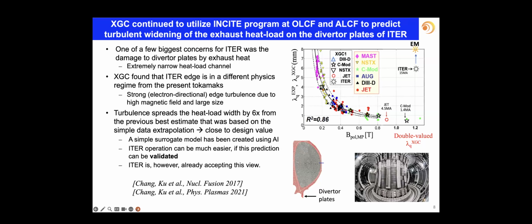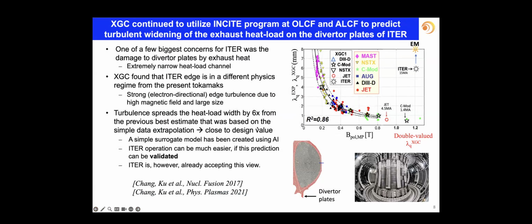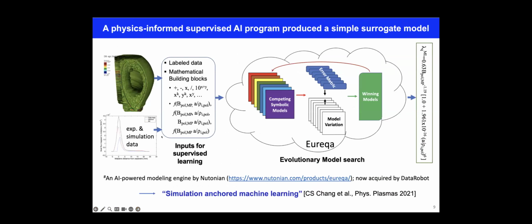So speaking of validation, we really tried to validate it. Oh, one more thing before. Using all these data, all the experimental data and simulation data in the new physics regime, I put it into a supervised AI program to find the possible formula combinations.